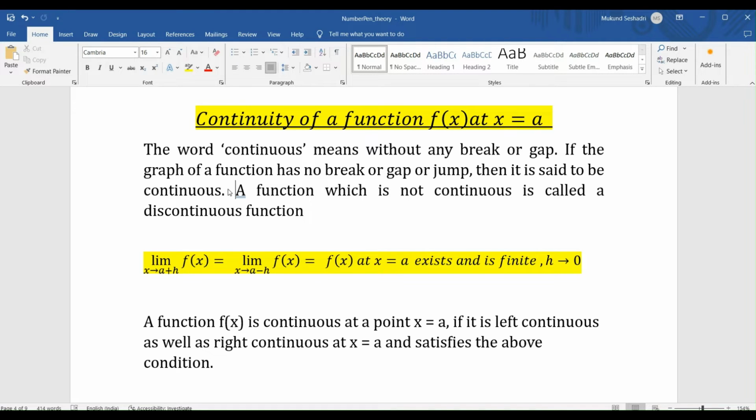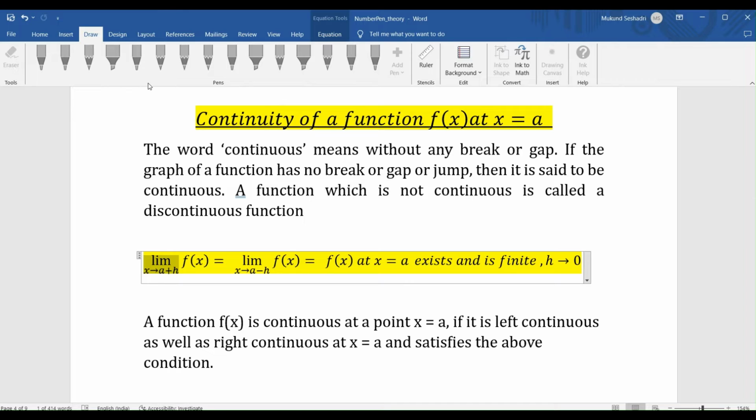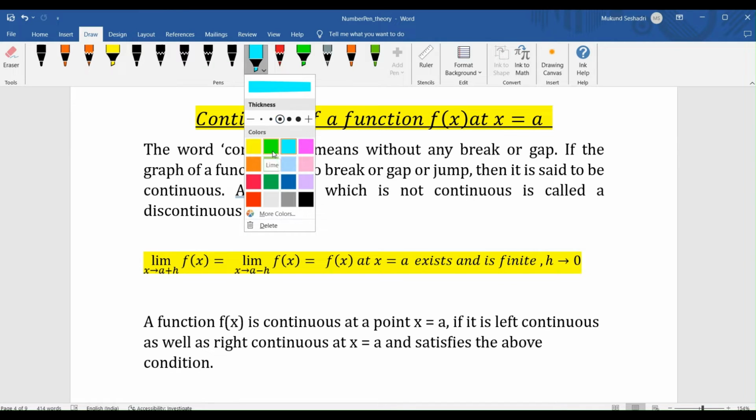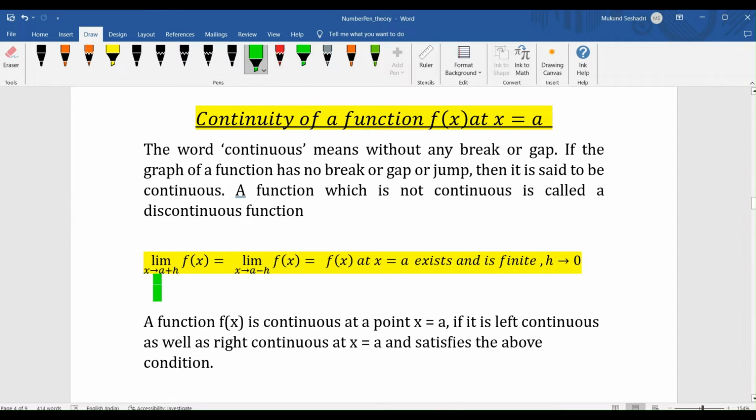Now, when I represent this mathematically, what it all means is let me assume that x is going to take a value a plus h, which is what I've represented here, and x taking a value a plus h, where h is infinitesimally small, tending to zero, right?